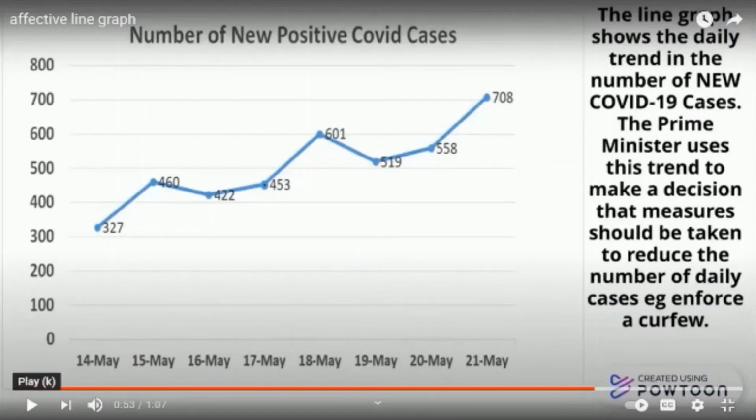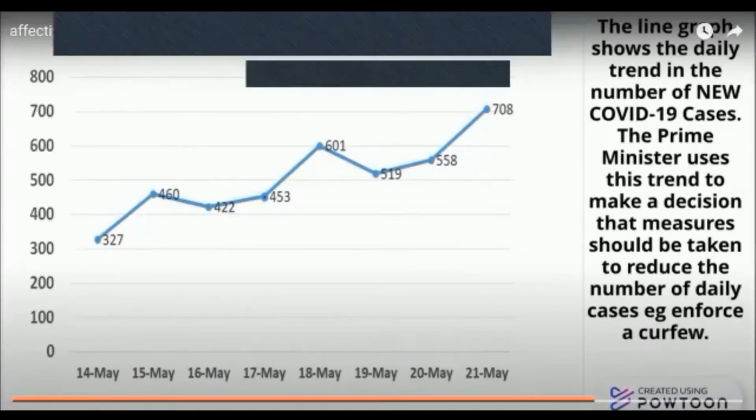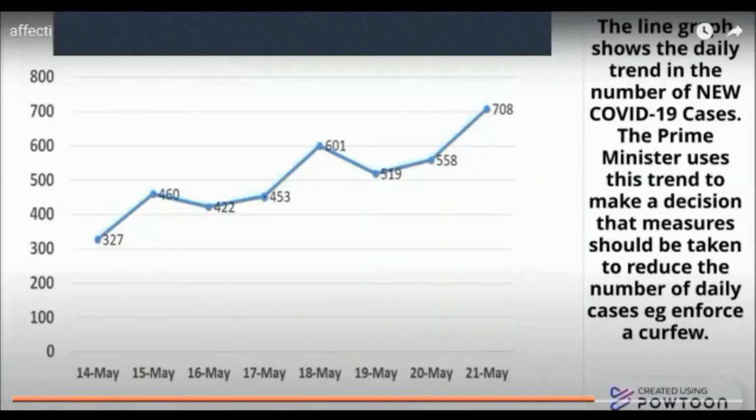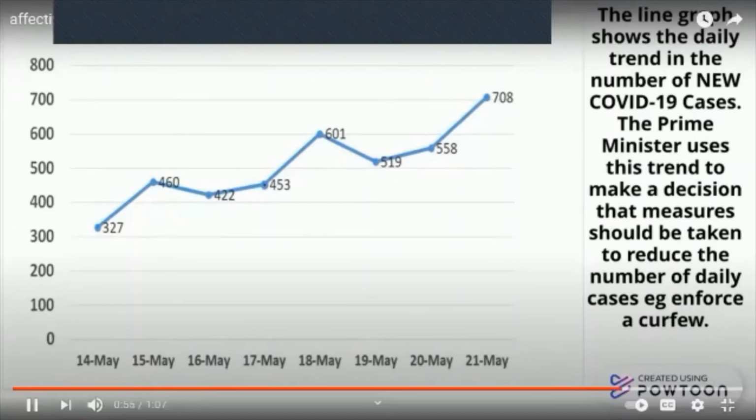It helps make future decisions and plans. Right, exactly. And in this case, the future decision was that, okay, the number of COVID cases was too high, and therefore we need to make sure that people stay home by enforcing a curfew, right? Okay, let's continue. You can jot that point down, okay?